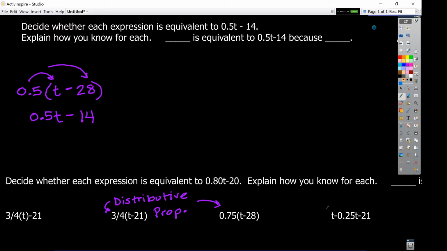Well, that's because it's a 1. It's a 1t. 1t minus 0.25t. Well, if we do some combining like terms, we can simplify it and see if it's equivalent.